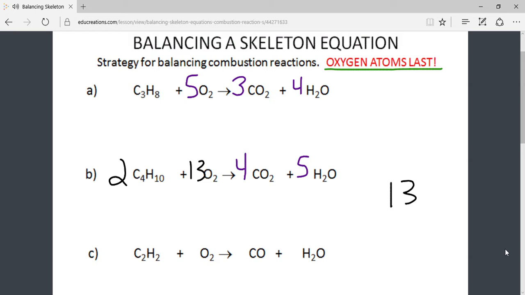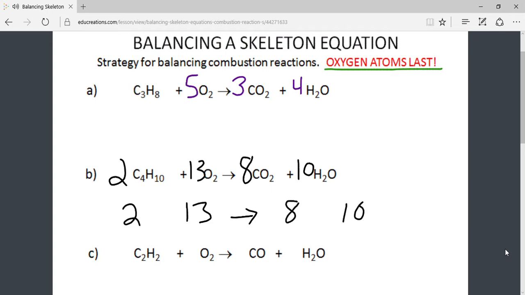The 4 in front of CO2 will become 8. And the 5 in front of H2O will become 10. This balances the equation with a reactant ratio of 2 to 13 and a product ratio of 8 to 10.